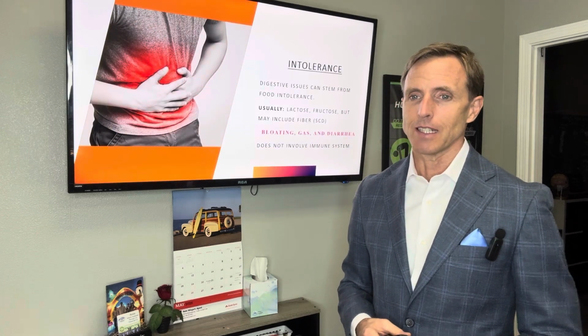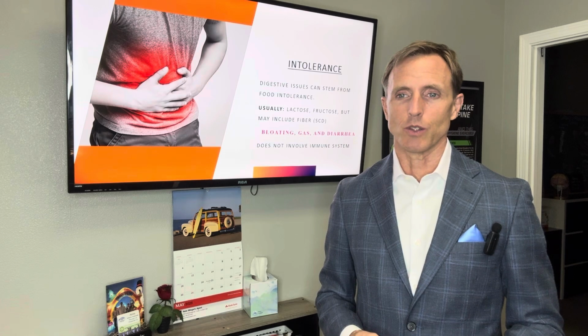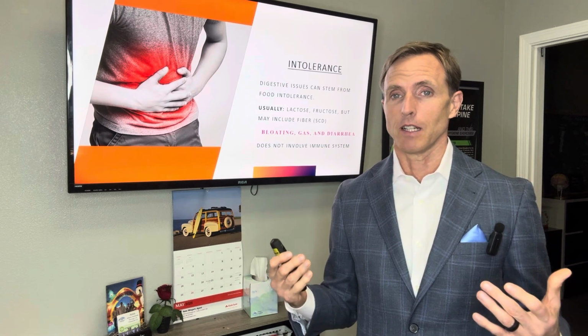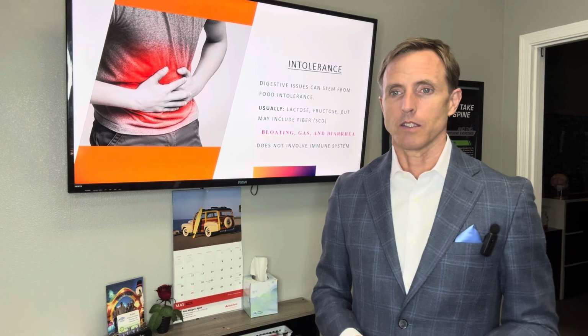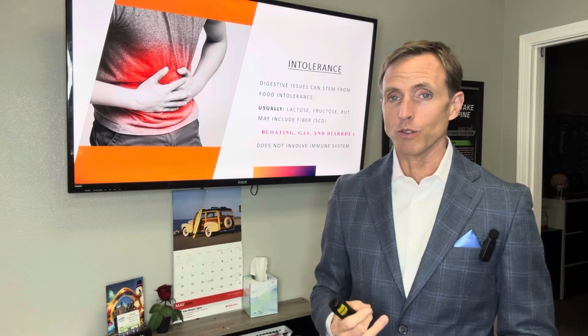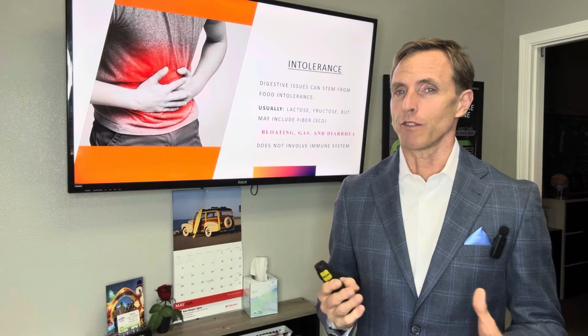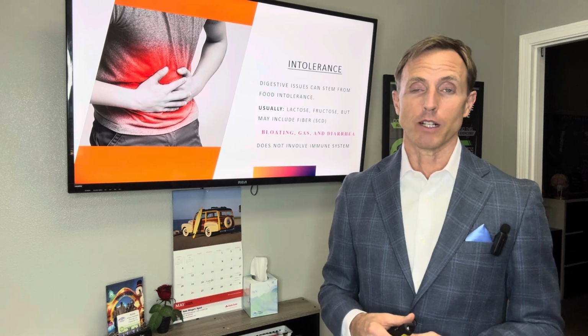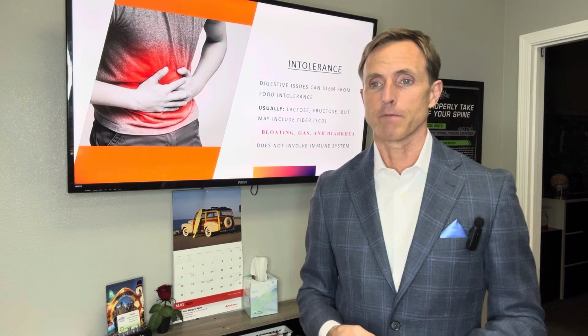The next is intolerances. Intolerance is a digestive issue that comes from a food intolerance. So what is that? Typically, we're looking at lactose, like the sugar in milk, or fructose. It's the sugar in fruit, but it's actually more common as sugar in processed foods, the high fructose corn syrup, right?